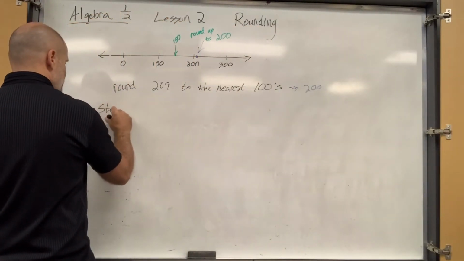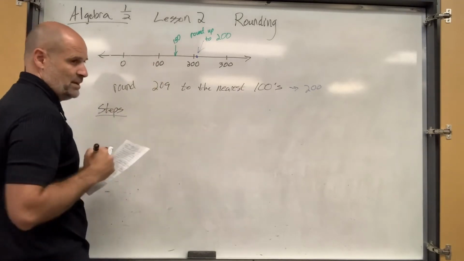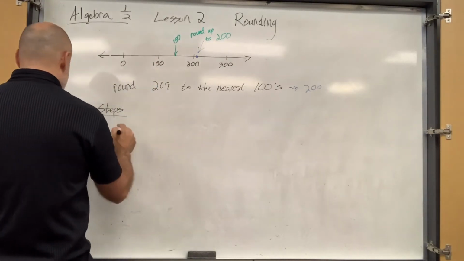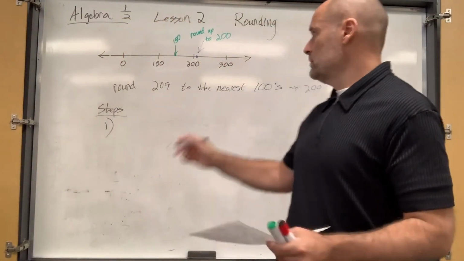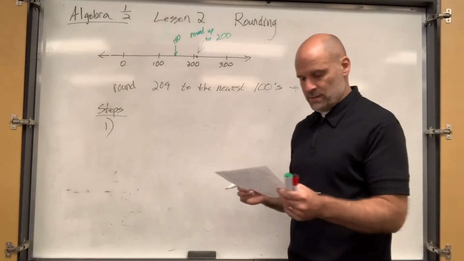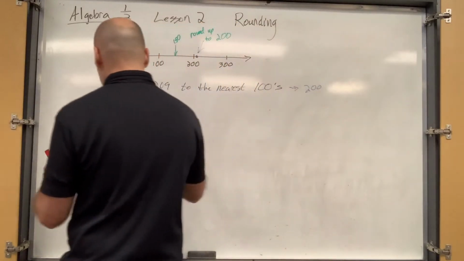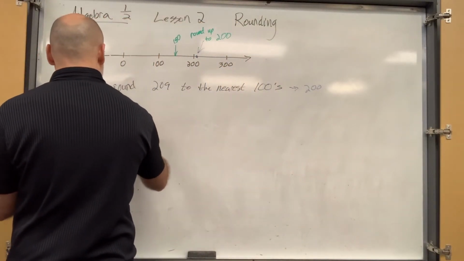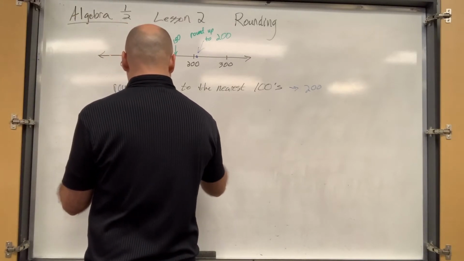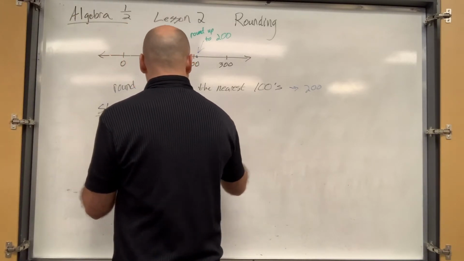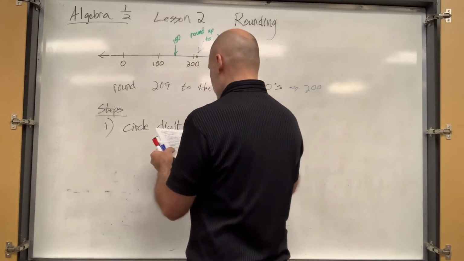But if you're a visual person and need to see it, a number line might be the safest thing to do. If you're still not sure on a test, I would throw it on a number line and see what it's closest to. Step 1, circle the digit in the place where we're asked to round.